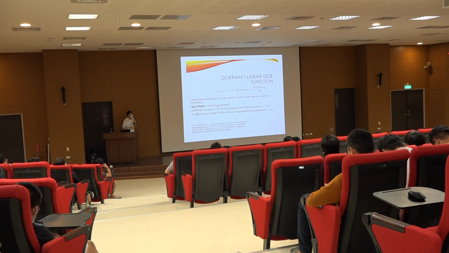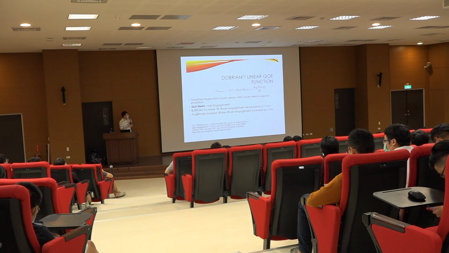Now, how do we actually measure quality of experience? Now, this equation we see here is not standard. It's actually based off data mining. So every single video program and audience would have a different equation. So what we see here is just a result of data mining some soccer game from many years ago.